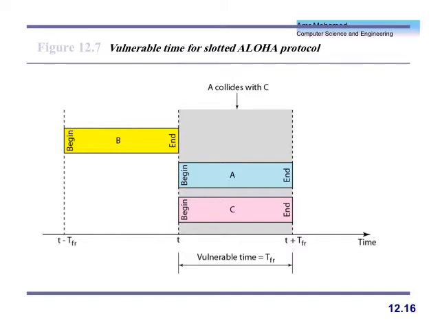So in that case, the vulnerable time is equal to the transmission time. And that's why the throughput was G times e to the minus G, not minus 2G in that case.